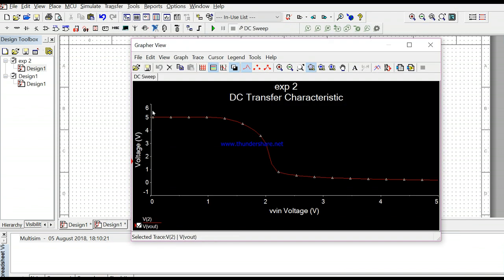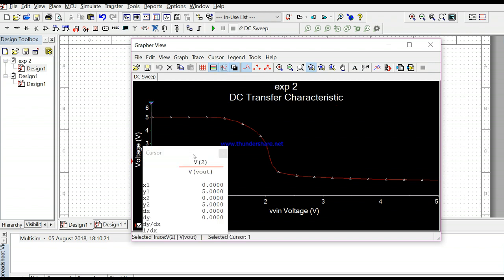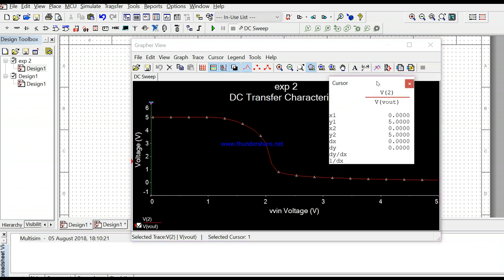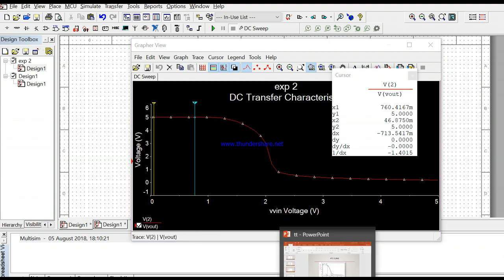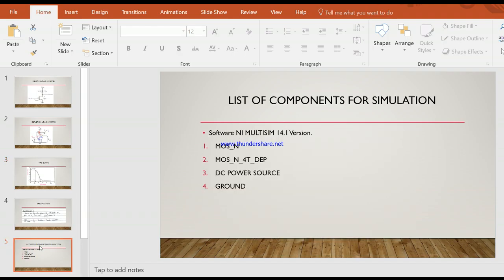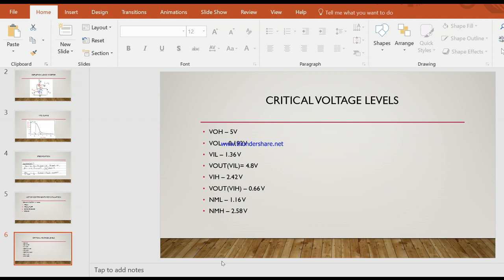Now if you check with the help of the cursor, I'll use the cursor first. Now look over here, when my input is 1.36 volt, output is 4.8.